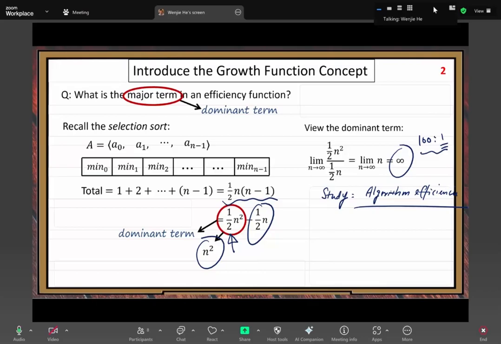So we need to study a large number of functions. When we study those functions, we want to do one important thing: characterization of those functions.